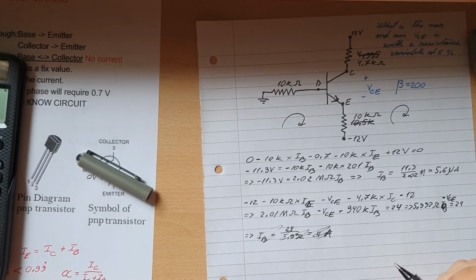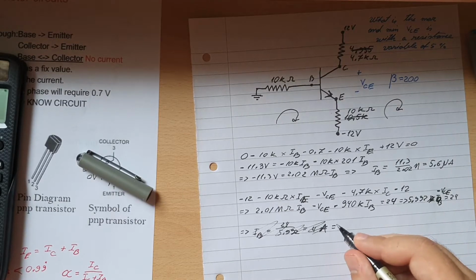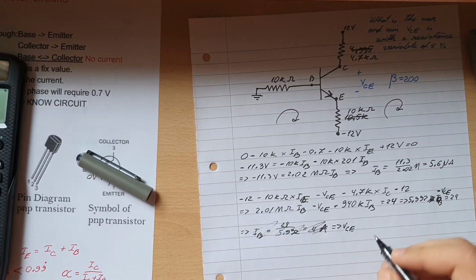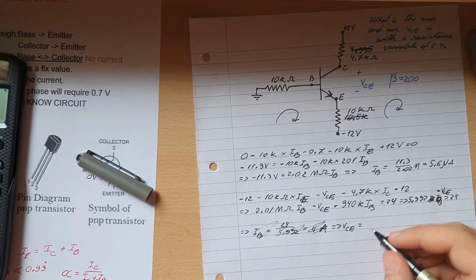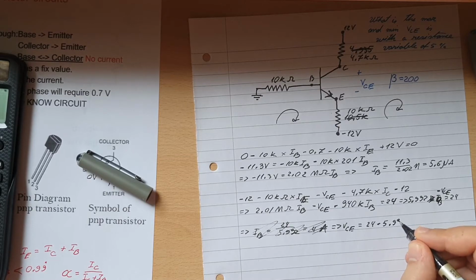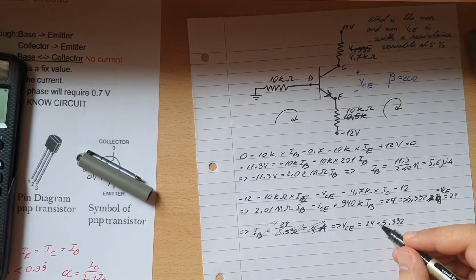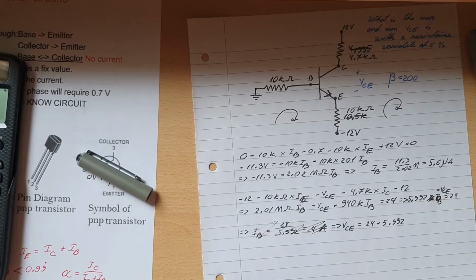Yeah, again now. Okay, so then therefore VCE will be equal with 24 minus 5.992, but this one was supposed to be negative, so it will become a plus, no, there is something wrong in this one.